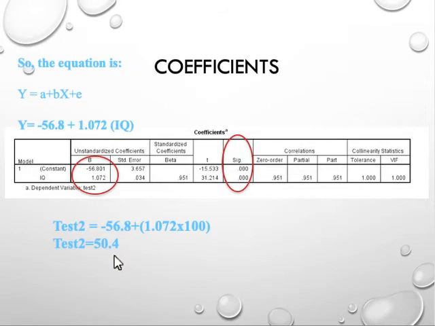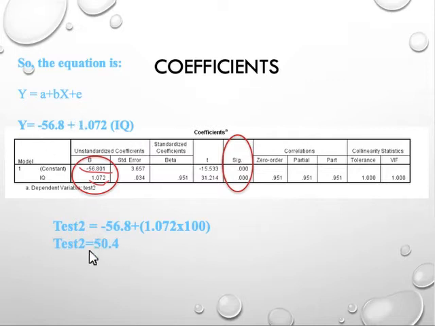And then we have the coefficients. These are also known as betas sometimes, but we're going to call them coefficients for our purposes. So y equals negative 56.85, which is here, plus 1.072, and that is our regression equation.